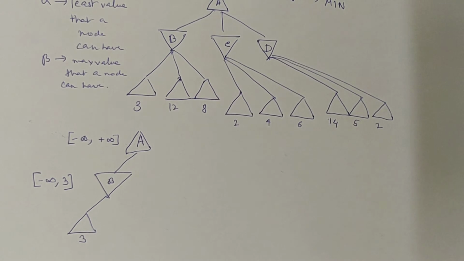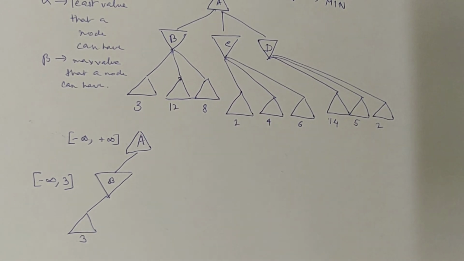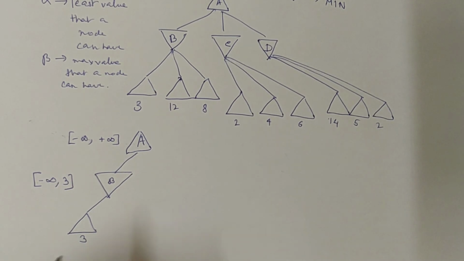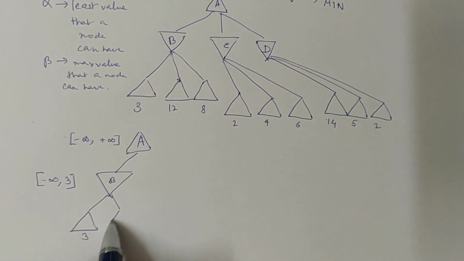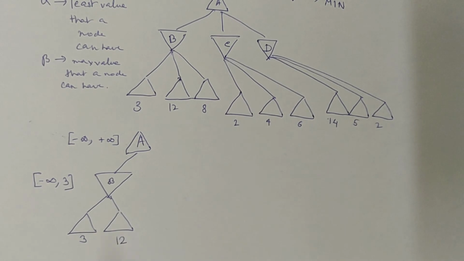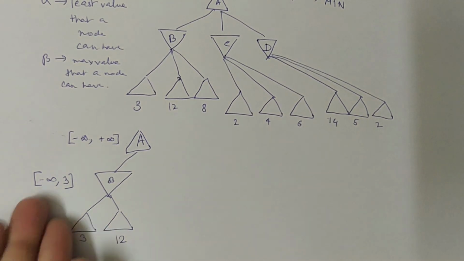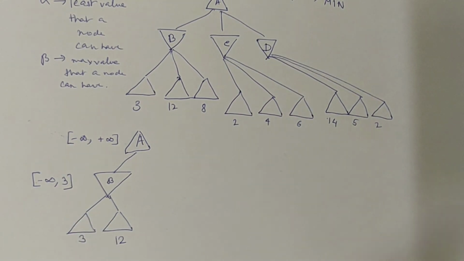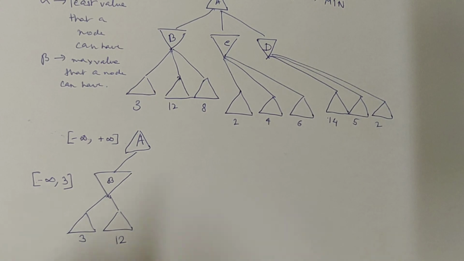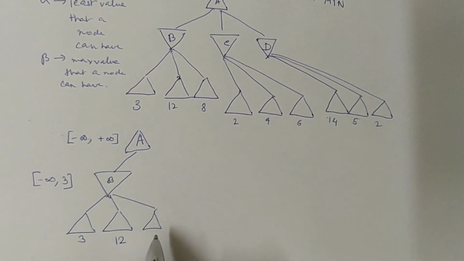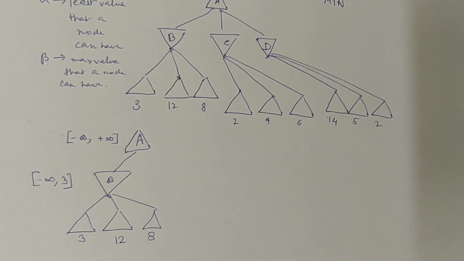Now it will open the second node according to the minimax algorithm. It will get 12. Will it choose 12? It will never choose 12. So the beta value is not updated. Then it will open the next node, which is 8. Will it choose 8?